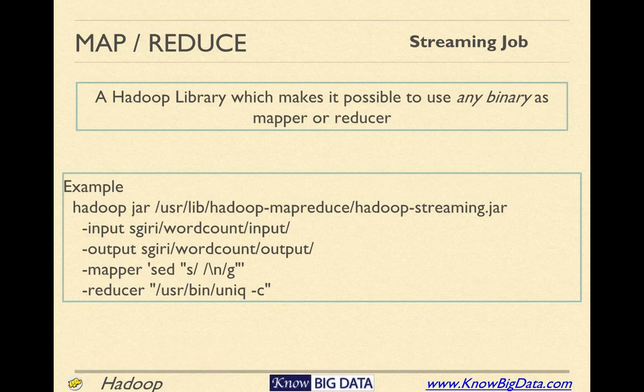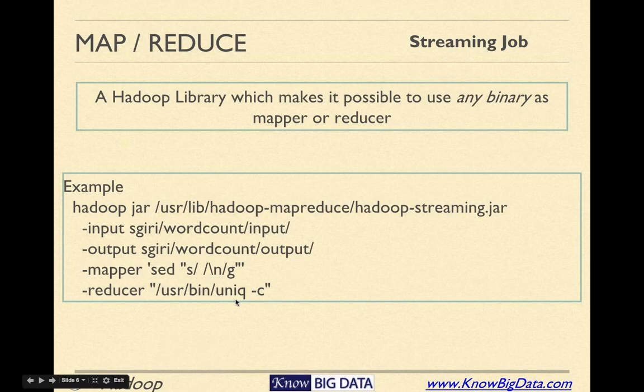The easiest one is using a library called streaming jobs. The default one is using your Java code. So you could write MapReduce in Java, but it's not always possible to code in Java because it takes a long time, it requires compilation, it requires the knowledge of Java.